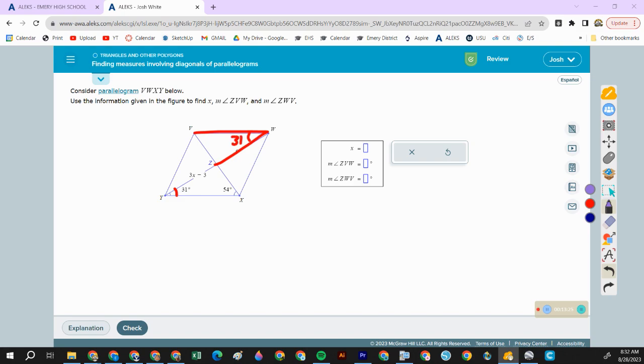Okay. What about angle ZVW? So what about this one? That one's going to be 54 because it matches up with this one. What if it wanted that angle? You would add those two together and subtract from 180.